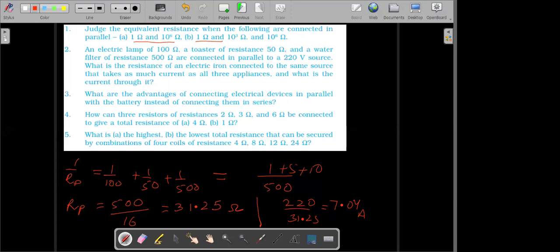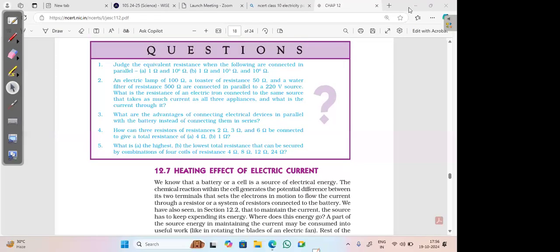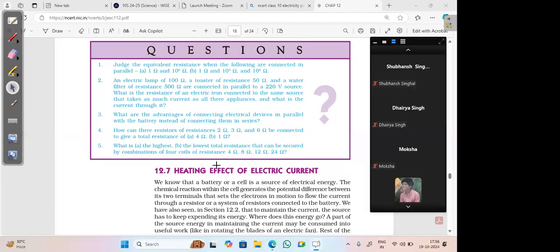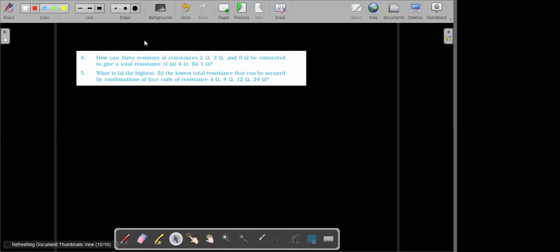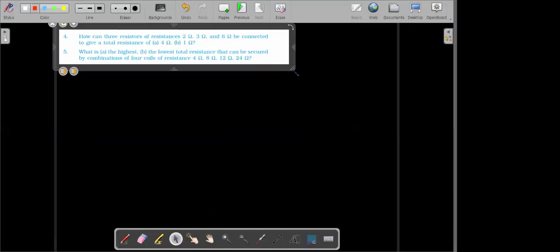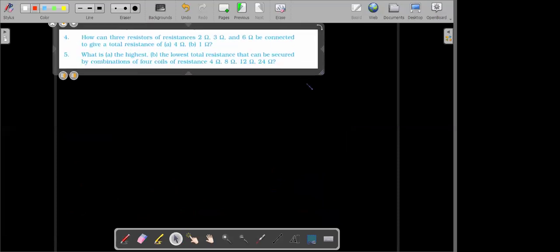Yeah, draw this circuit and then show. Everyone, draw the circuit for this one. All of you draw the circuit for this.